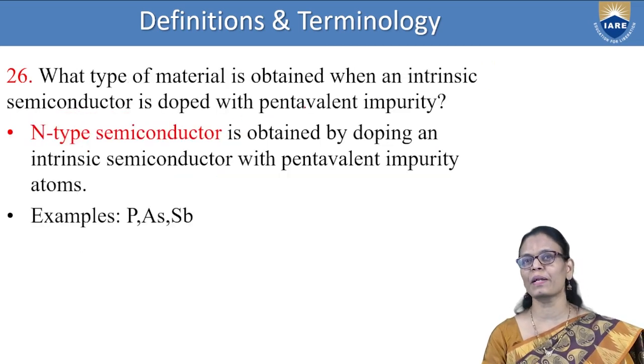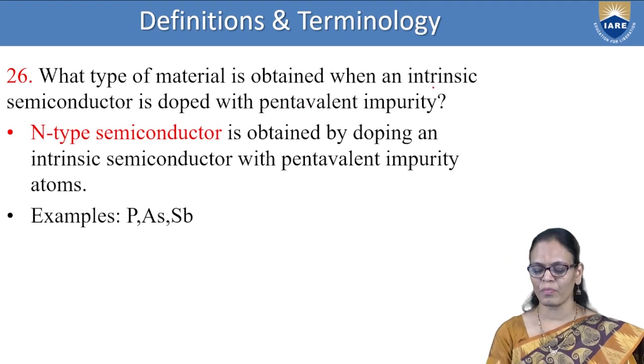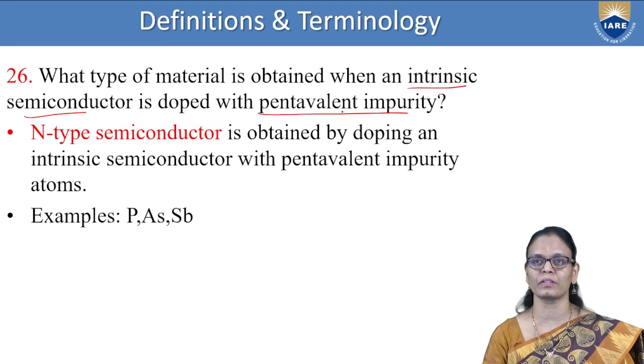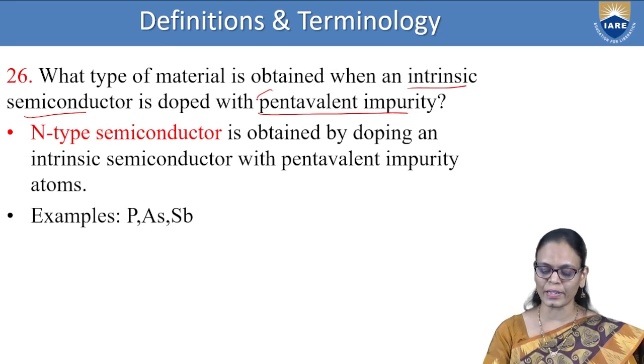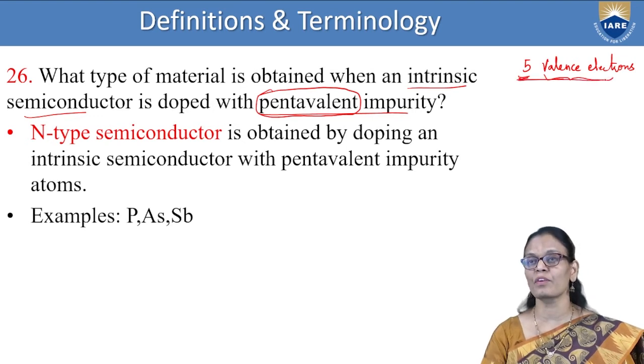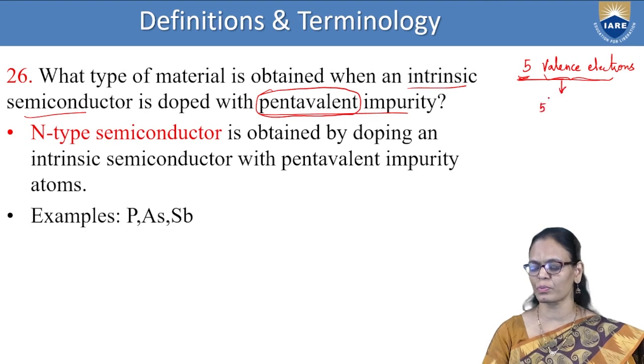Now, which type of material is obtained when an intrinsic semiconductor is doped with a pentavalent impurity? What is pentavalent? It means it has 5 valence electrons. Penta means 5, valent represents the valence electron. So an element which has 5 valence electrons belongs to the fifth group.